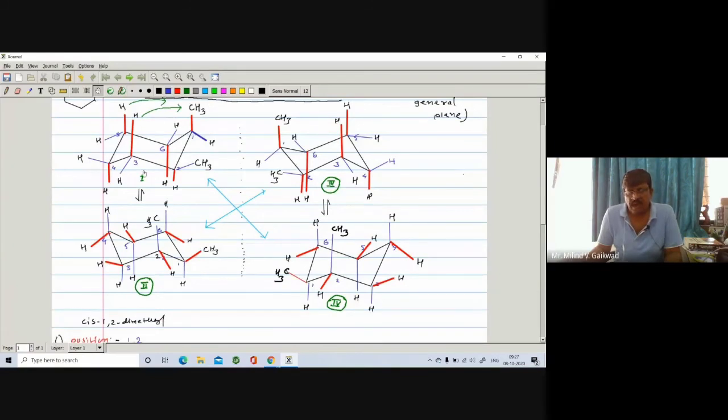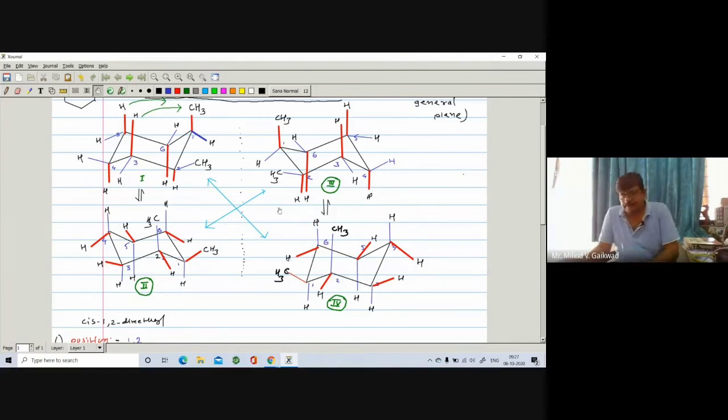We have seen 1 and 2 are the conformational isomers of each other. Similarly, we have put the mirror images. So 1st and 3rd are mirror images, and 2nd and 4th are mirror images. You observe that they are non-superimposable mirror images, so these are enantiomers. Similarly, 2nd and 4th are enantiomers.